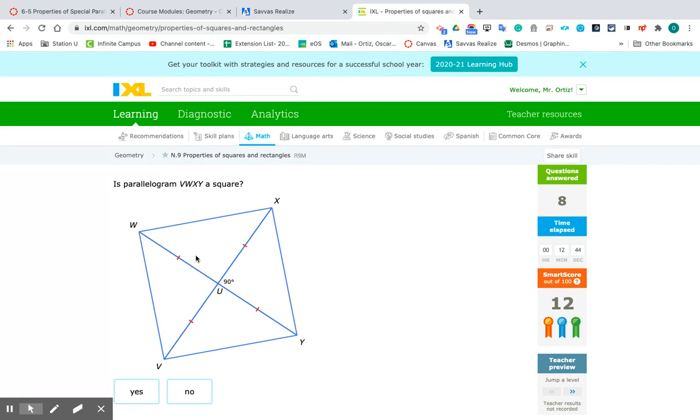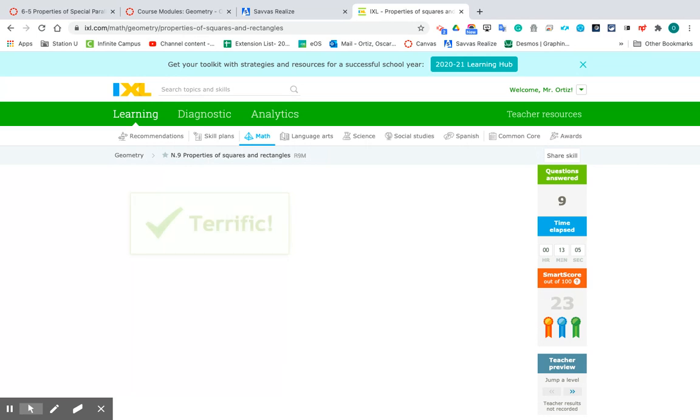Diagonals congruent, which they are, and also perpendicular. The fact that diagonals are perpendicular tells me that this is a rhombus, and because diagonals are also congruent, that makes it a rectangle. Since it is both, I can tell surely that this is a square.